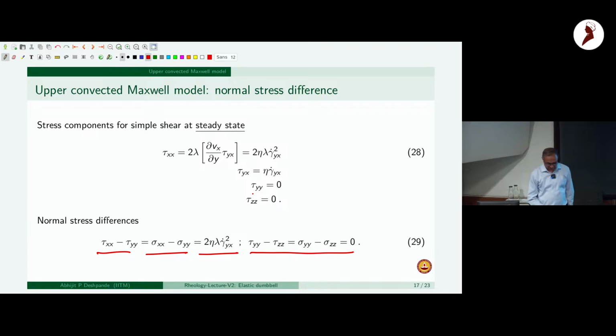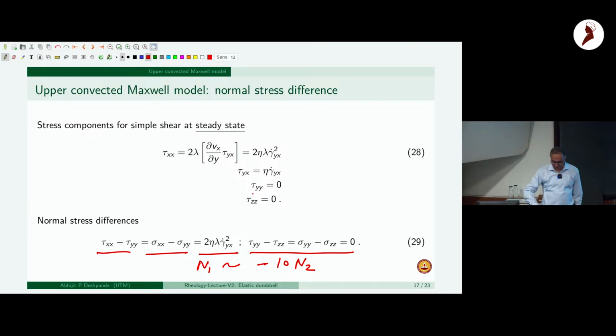Generally for polymer melts, it is observed that, maybe I should say the other way, the second normal stress difference is 10 times less and negative, while the first normal stress difference is generally positive. But there are many classes of materials, and especially dispersions and emulsions, where a negative first normal stress difference has also been observed.